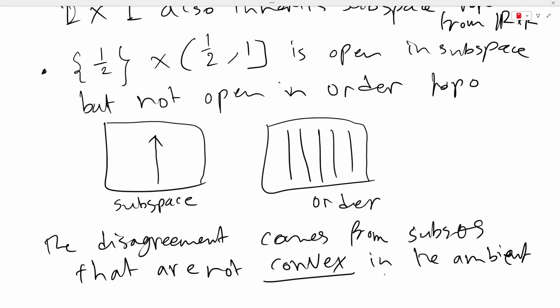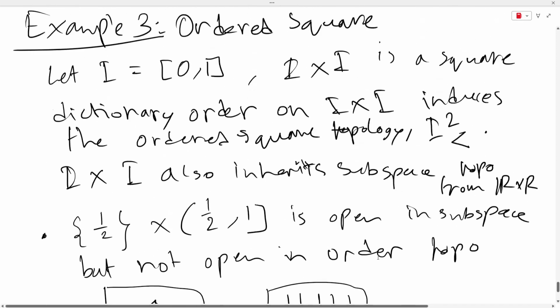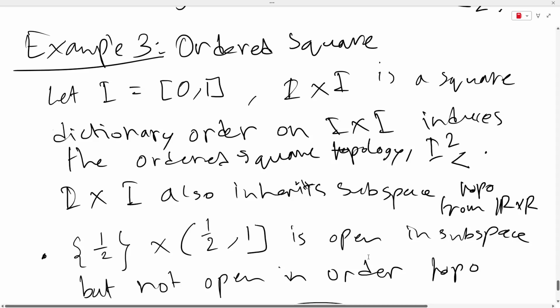So let me define what convexity means, but let me try to explain one last time what this is about. If you have the ordered square topology I times I, this inherits the subspace topology from R times R, which basically is a product topology.